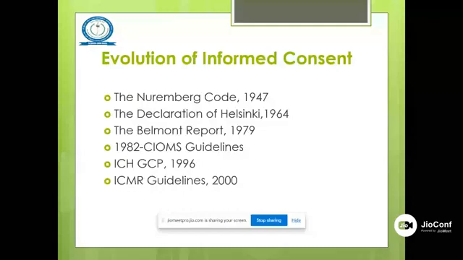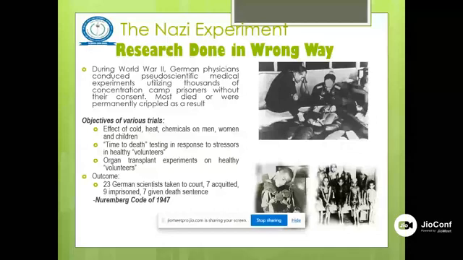So the evolution of informed consent dates back to the Nazi experiments, the experiments of the German physicians that were done in 1947. That is during World War II. Now, German physicians conducted pseudo-scientific medical experiments utilizing thousands of concentration camp prisoners, and without their consent.